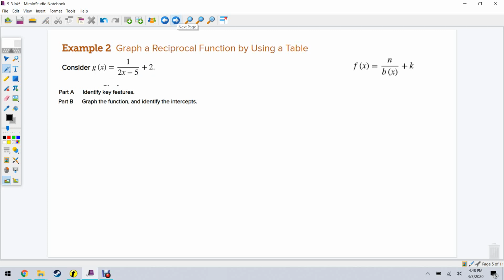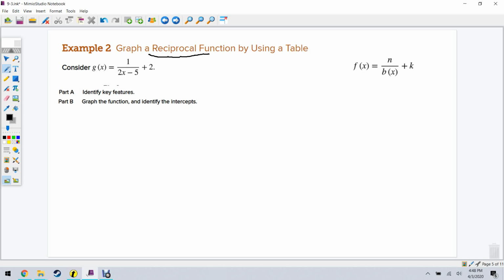In example 2, we are going to do cooler stuff, which is more advanced, of course. It says graph the given rational function. By the way, the other way to say rational function is reciprocal function. I mostly say rational function, which I prefer, but reciprocal is the same thing.